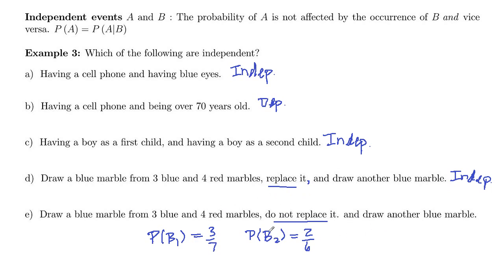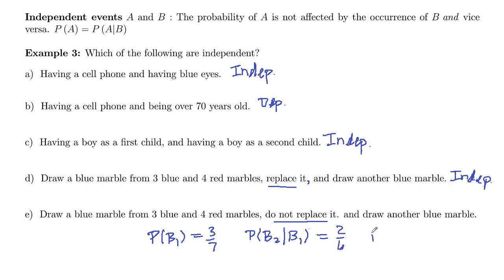So the probability of blue on the second draw is going to depend on what you drew on the first draw. So actually I should write that as blue second given blue first. And that's 2 out of 6.